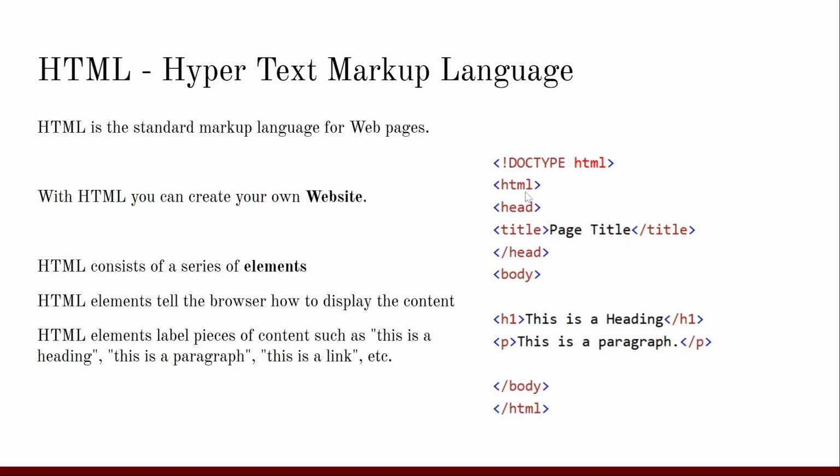And then we have the root element of the HTML. And then this is the head section. Inside the head section we put the title of the web page and a few other pieces of information like meta description and meta keywords. Meta description and meta keywords are used by search engines to rank your pages based on your description, and also to rank your page on the basis of your keywords.